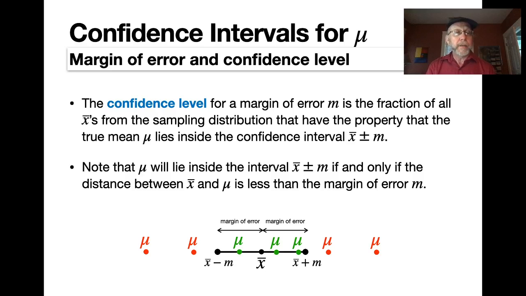So here you see the red values of mu are examples where the distance between mu and x bar is greater than the margin of error, and in those cases, mu will not lie inside the confidence interval. But if the distance between mu and x bar is less than the margin of error, as indicated in green here, then mu will be in the confidence interval.